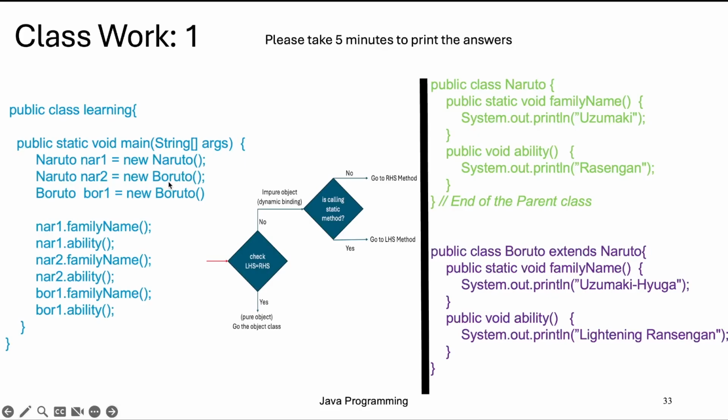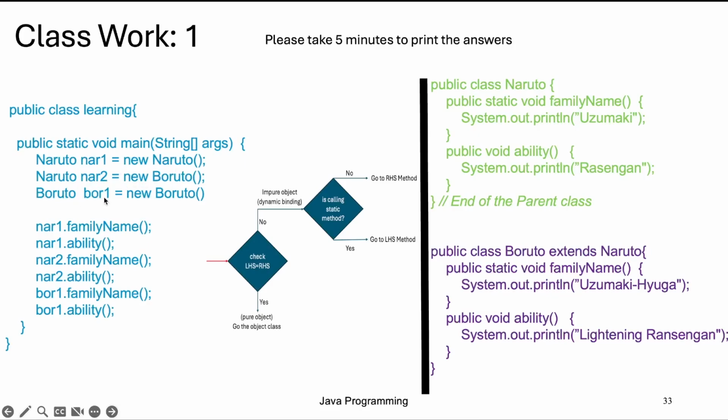So what Java is going to do here is, it is going to create a Boruto object and put it in the Naruto class, that is, assigning to the Naruto class. So this is impure.